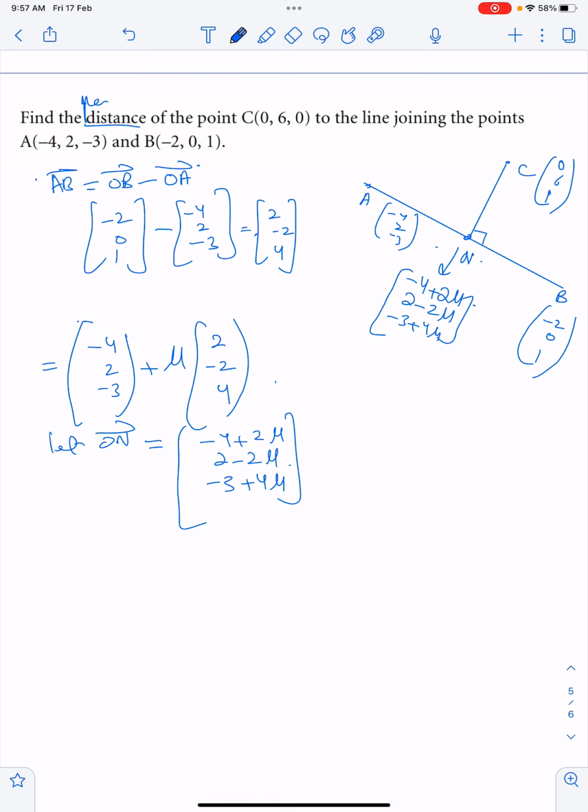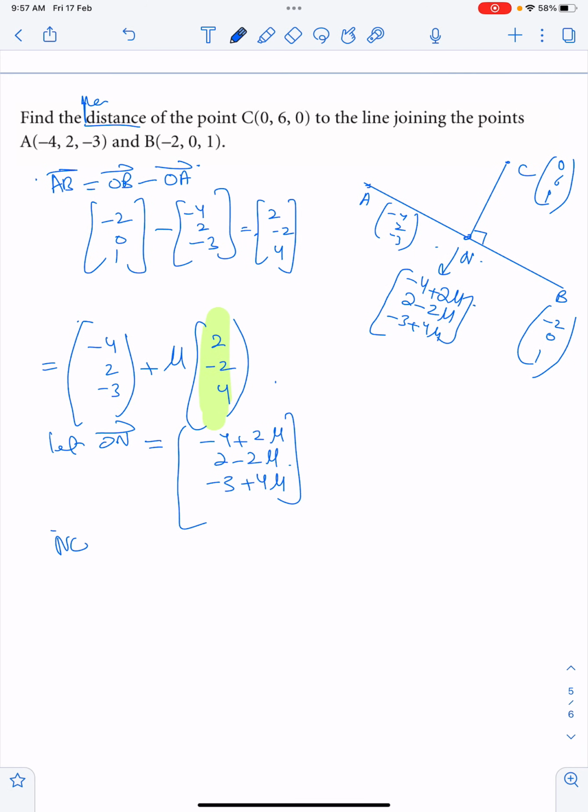Now I know if the two lines are perpendicular, the scalar product or dot product is going to be 0. For the dot product, I need the direction vector of this line and the direction vector of that line. I have the direction vector of the line AB, and I want the direction vector of this line, which is NC.